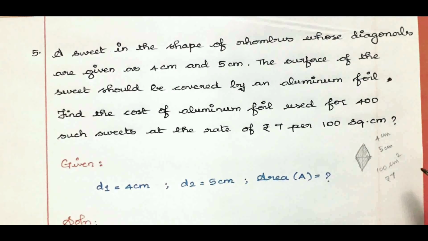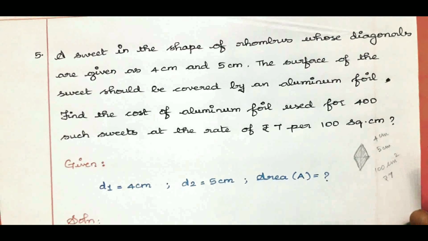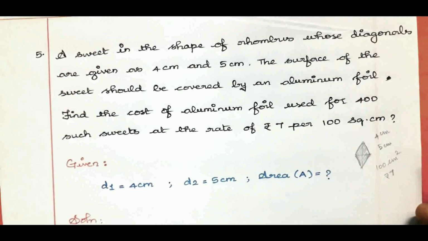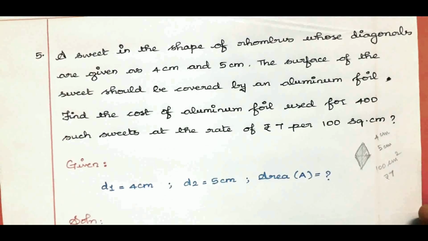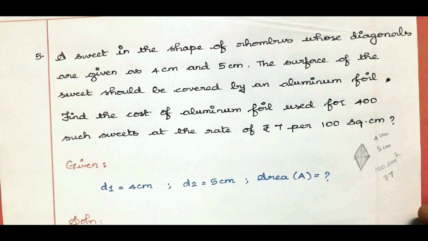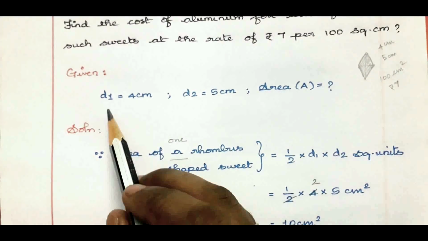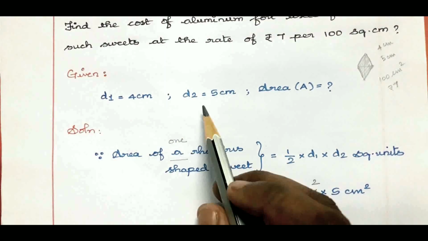Now from this question we are going to find the cost of the aluminum foil used for 400 such rhombus shaped sweets. Clear?